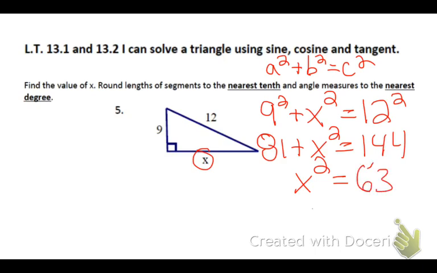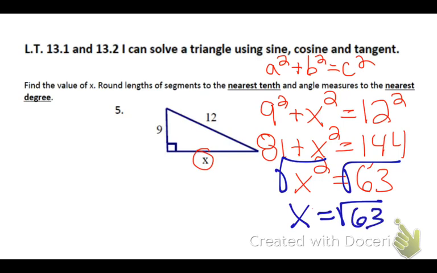So then we need to take the square root of both sides to solve for x. So square root of 63, and we're supposed to round it to the nearest tenth. So we'll say that's about 7.9.